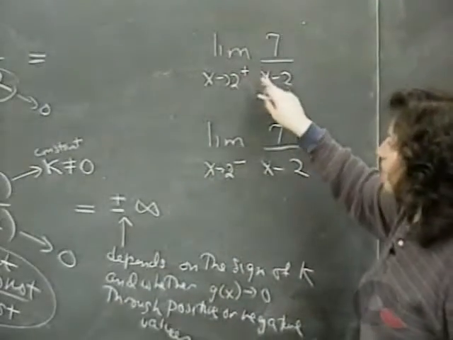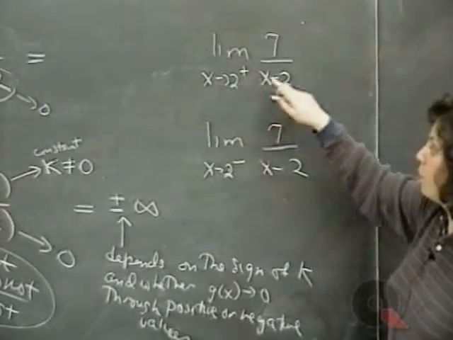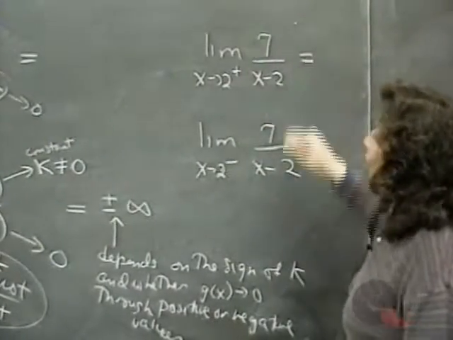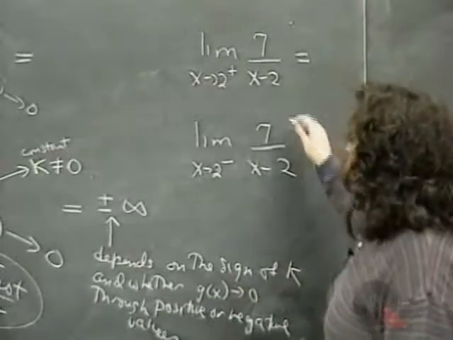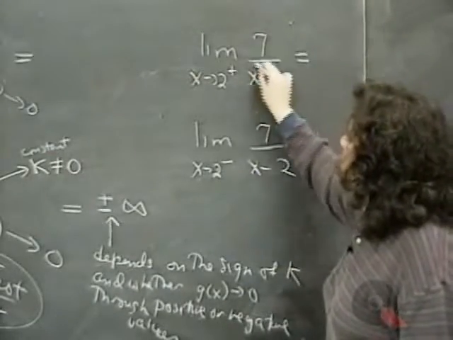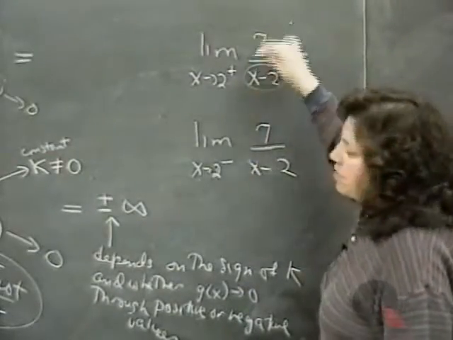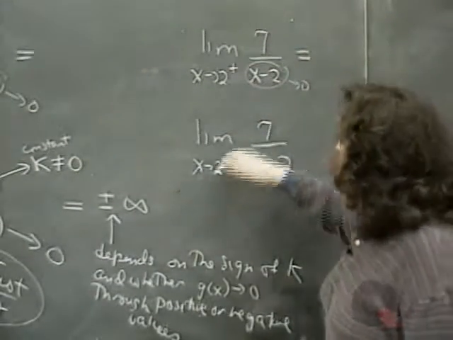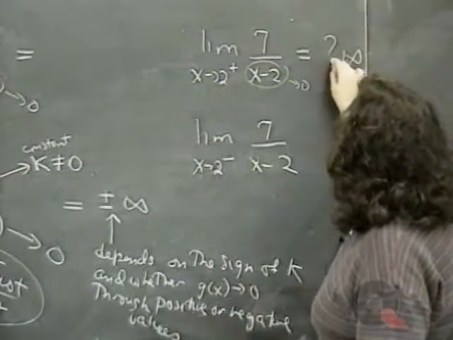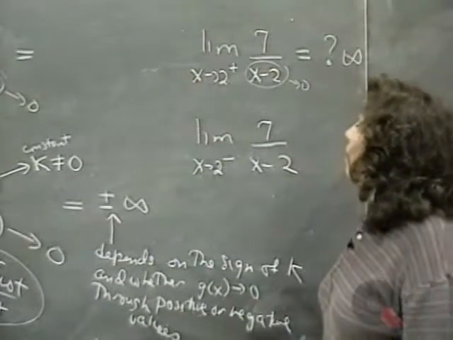This little plus means approaches 2 from the right side of 2. Now, as x approaches 2 from the right through values greater than 2, the bottom is going to 0. The top, of course, is staying 7. 7 over something which is approaching 0, from what we've just discussed, is going to be infinite. We have to figure out the sign of the infinity.